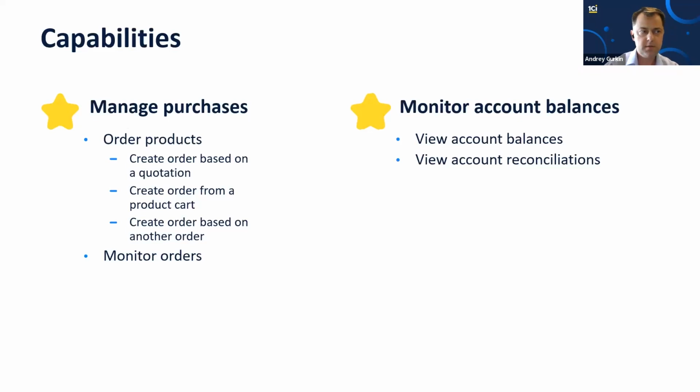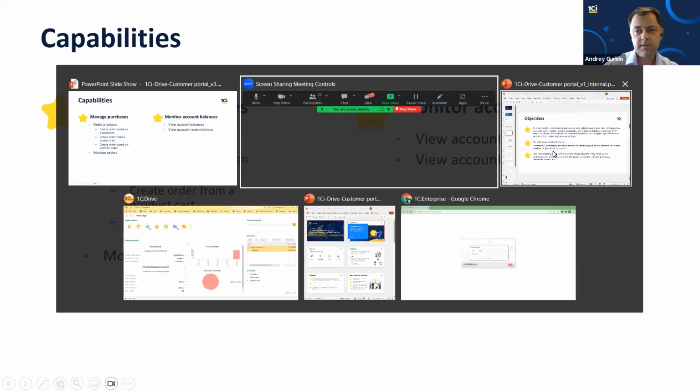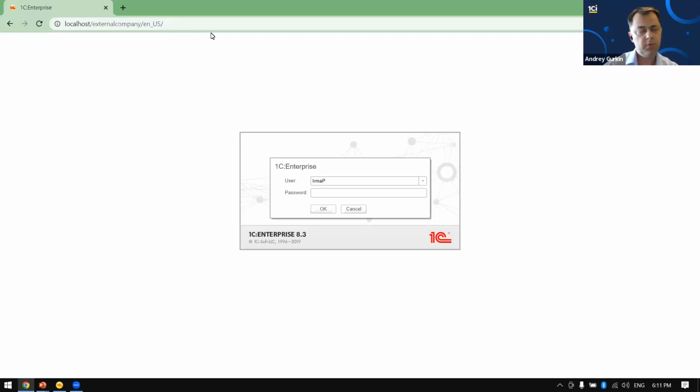First of all, I will be switching between three applications. The first one, of course, is our presentation. The second one will be the web browser. Here you can see the example of how our external users can work with our database.